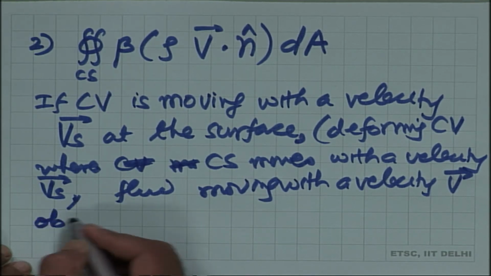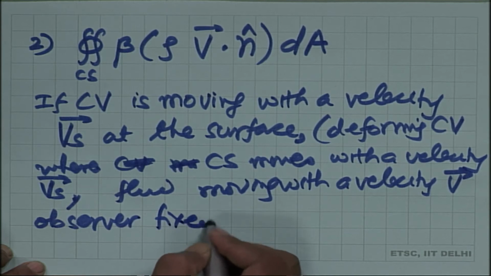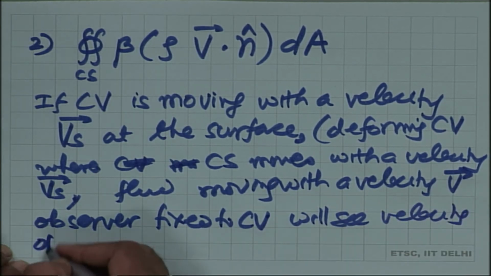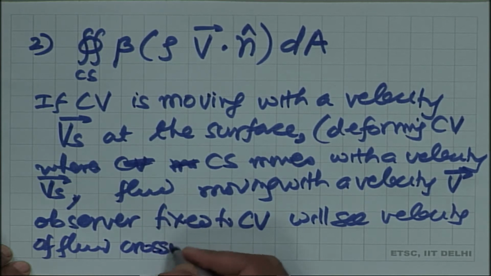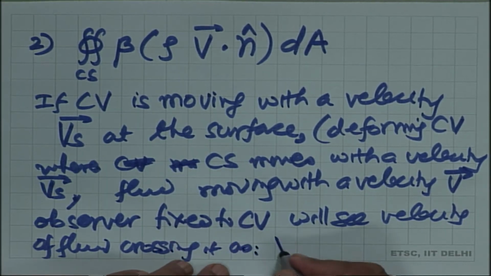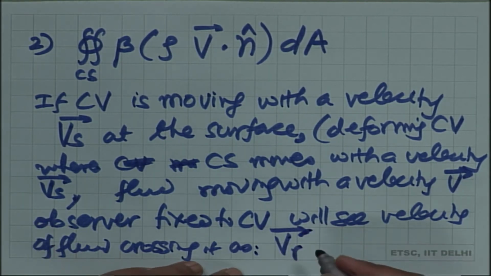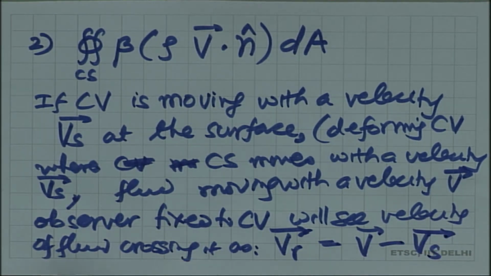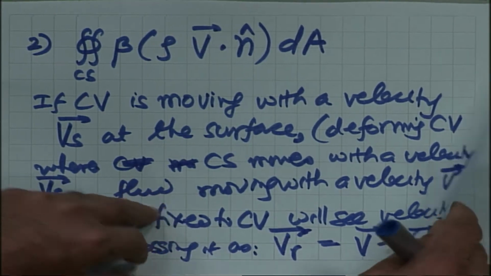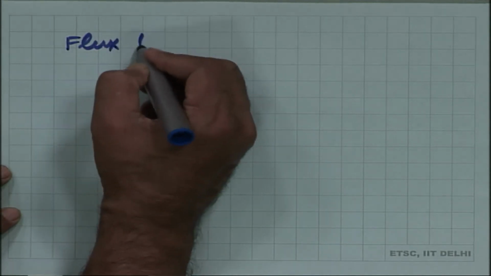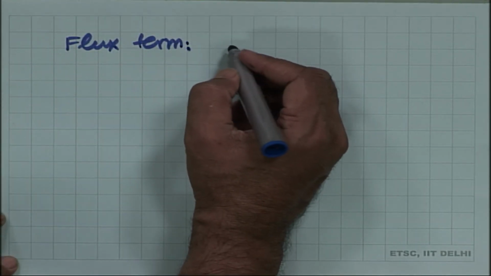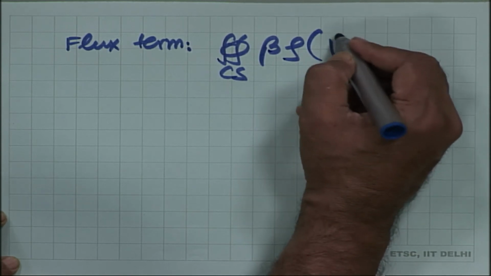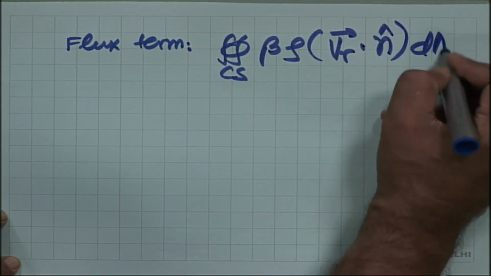So, now an observer fixed to the control volume will see the velocity of the fluid which is crossing as v relative, which is equal to the actual velocity of the fluid minus the v s at the surface, and therefore, the flux term in this case becomes integral over the control surface beta rho times V r dotted with n dA.